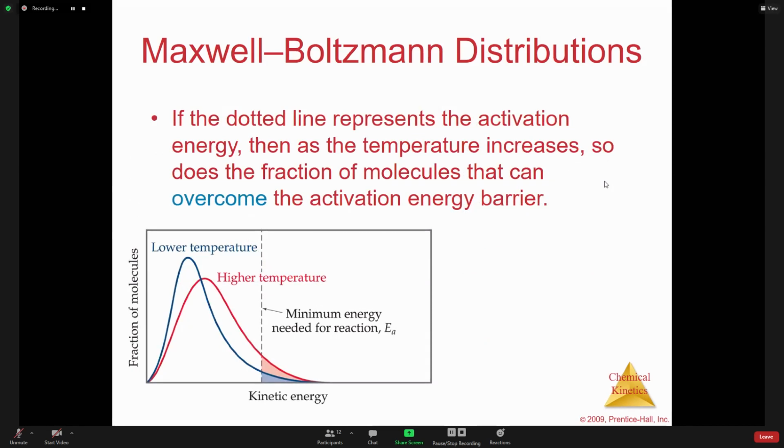If the dotted line is at activation energy, as temp increases, the fraction of molecules that have high enough kinetic energy to overcome that barrier increases. So then it goes faster, right? Because you get more products per second, which is how we do rates, concentration per second, of either reactants going down or products going up.